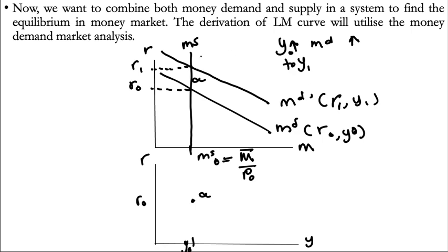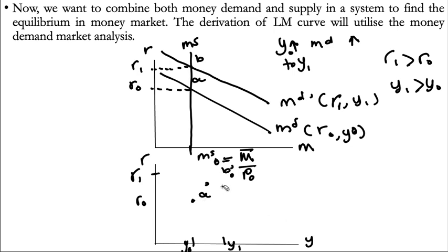Alright, so let's call this new equilibrium in the money market point B. And R1, as you can see clearly, is higher than R0. Y1 is higher than Y0. So Y1 should be here, R1 should be here, isn't it? So the point should be here, point B prime, and A prime. So join the 2 points.